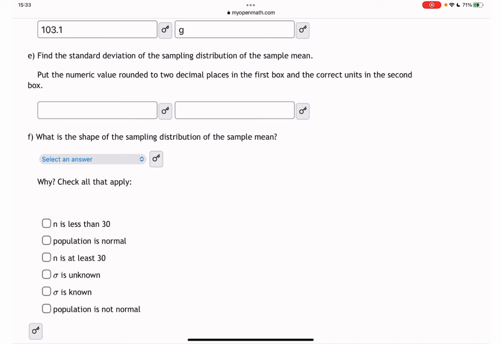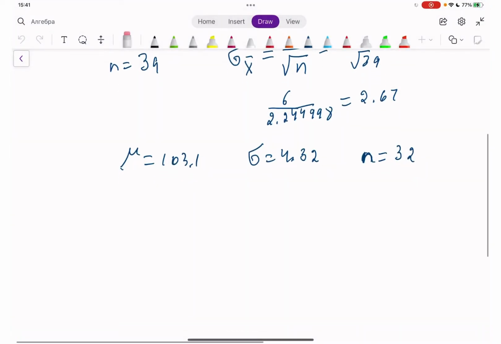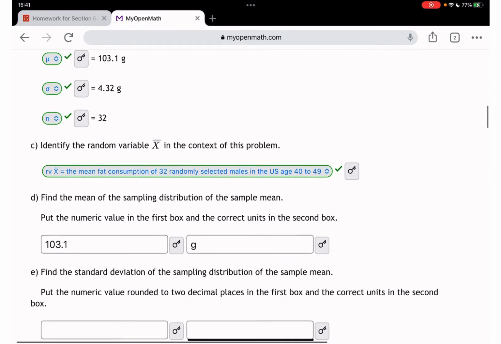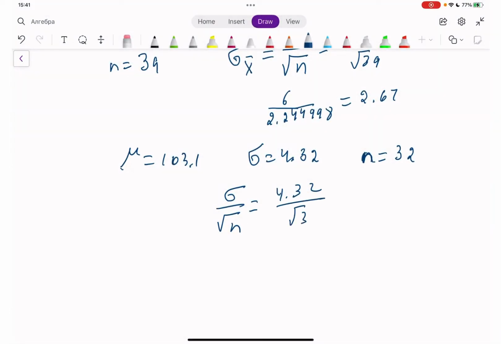So we are going to take our sigma, 4.32, and divide by the square root of n, which is 32. I can't read my own writing. Divided by square root of 32, and this is going to be our standard deviation of the sampling distribution.